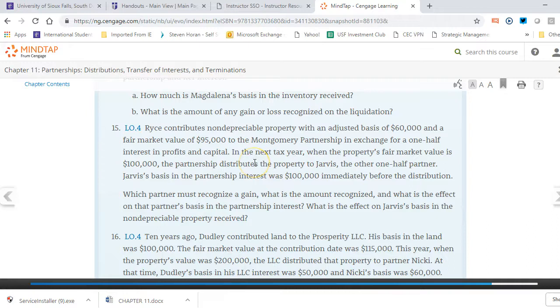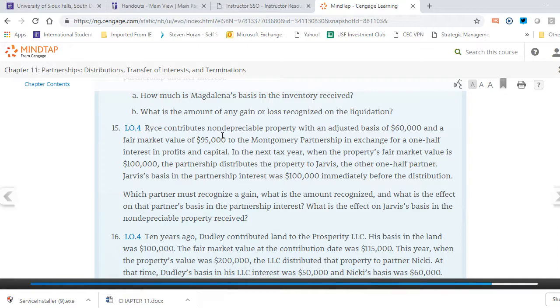Now, when you go through the chapter, they mention there's a 7-year rule, and clearly this is within 1 year. So because Rice originally contributed the property, and because it was contributed to the partnership less than 7 years before distribution, so obviously just 1 year, Rice must recognize the $35,000 pre-contribution gain. Okay, so that's the difference between the 60 basis and the 95 fair market value, so $35,000.